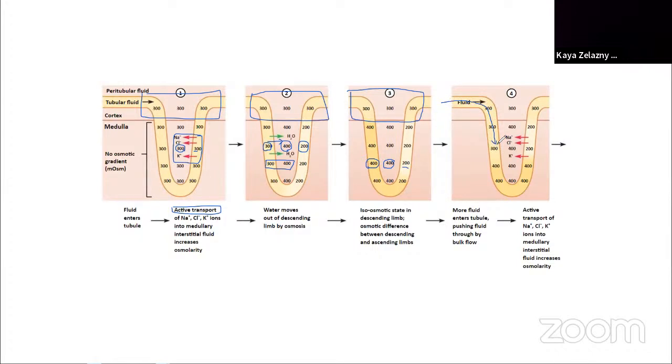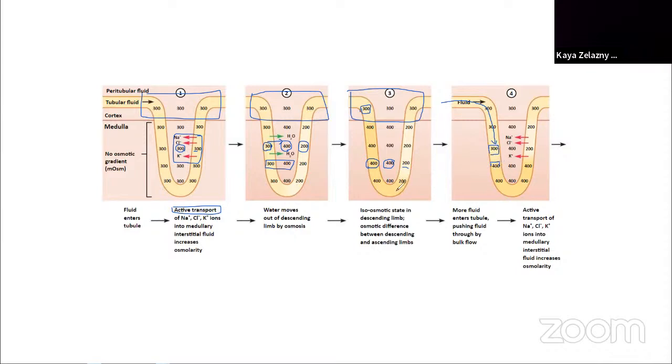So what we see happening is kind of like when we talked about breathing in fresh air into the alveoli and we saw mixing there. So what we're seeing is pushing this fluid that's at 300 milliosmoles deeper into the medulla, right? So now we can see it's at 300 down to about here. And then we can see our region of 400 beginning.